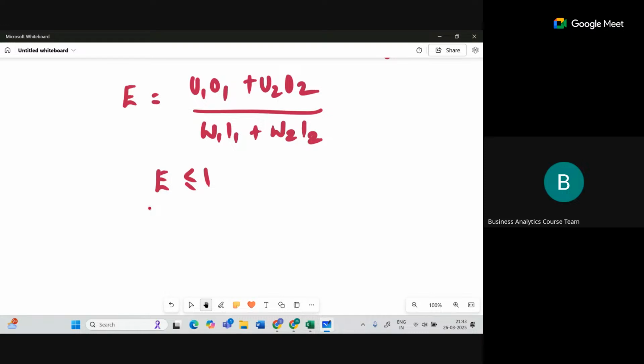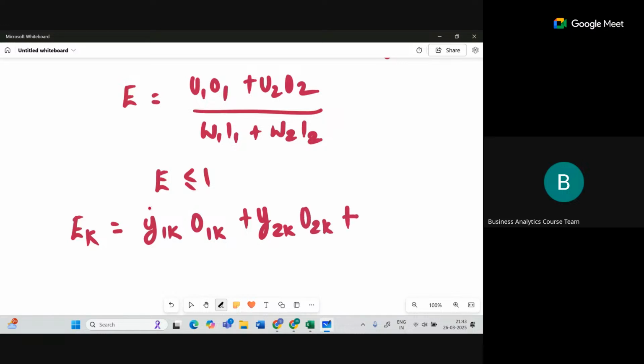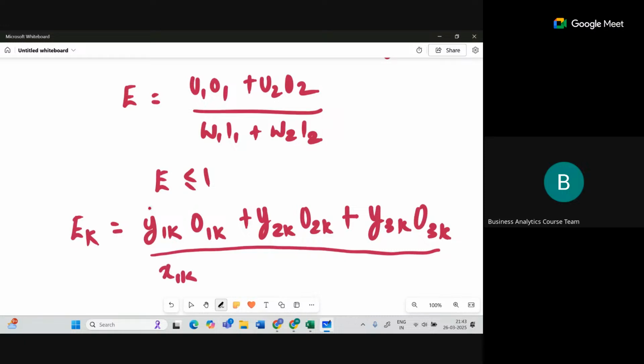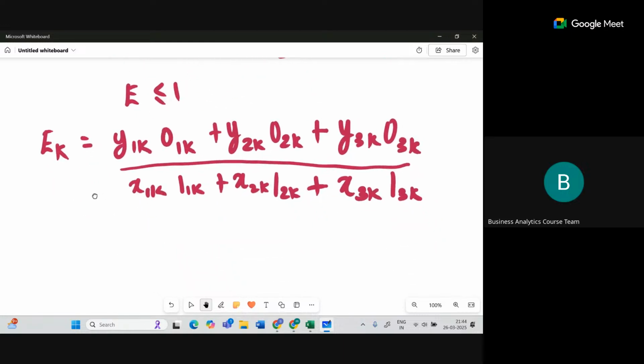The actual formula is EK equals (Y1K O1K plus Y2K O2K plus Y3K O3K) divided by (X1K I1K plus X2K I2K plus X3K I3K). Let's assume 3. What is Y1K here?